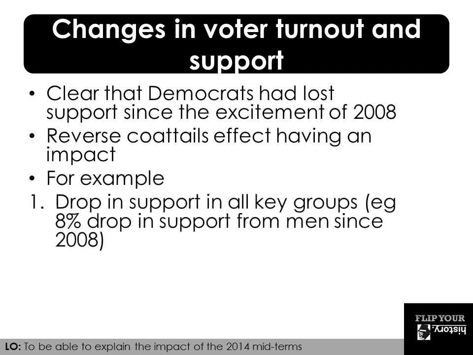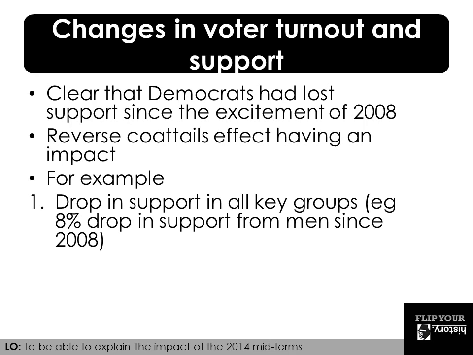For example, there has been a drop in support in all key groups who voted for Obama in 2008. One example is that men, who make up 49% of the electorate, have seen an 8% drop since 2008 in support for the Democrats.